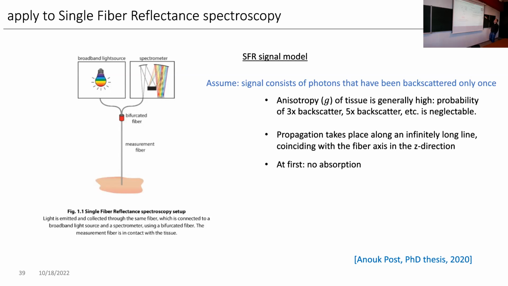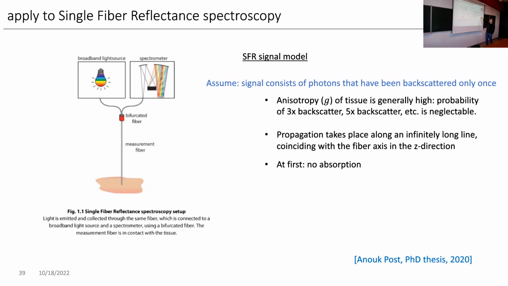So the probability of three times back scattering: if you want to have light going in and then coming back out, that means you have either one back scattering event or 2, 3, 4, 5 in order to make the turn. The probability of 3 times, 5 times, etc. is negligible compared to only 1 time.